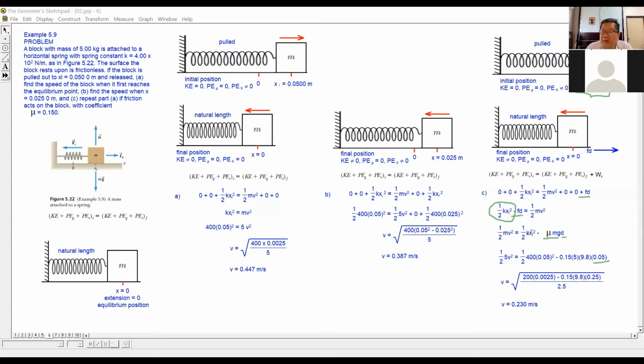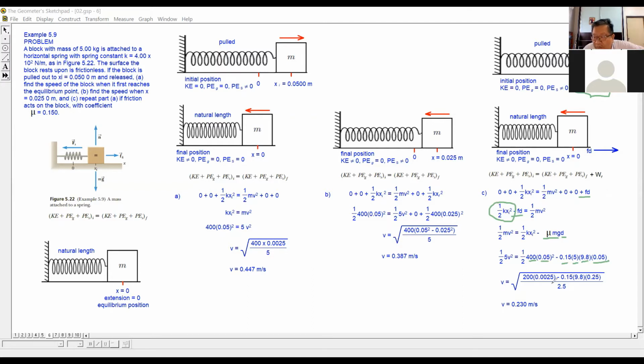So, elastic potential energy in the spring, k is 400, extension 0.05, coefficient of friction 0.15, the mass 5 kg, acceleration due to gravity 9.8, and how much it has traveled along the surface of the floor 0.05.